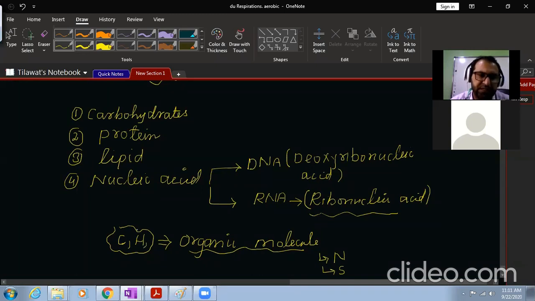Oxygen is also present in all of these molecules. Carbon, hydrogen, and oxygen are present in all these molecules. Okay. While nitrogen and sulfur you can also find in protein, and in nucleic acid, for example nitrogenous bases that are present in the DNA. All right.